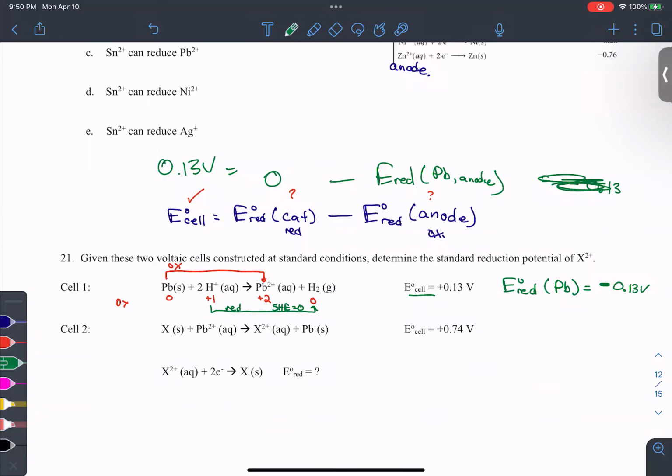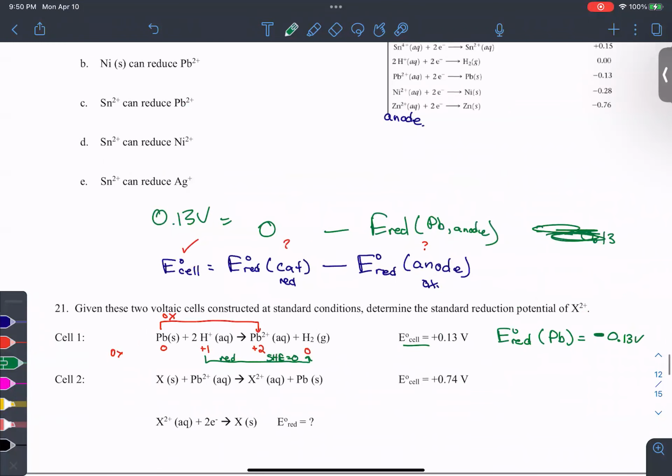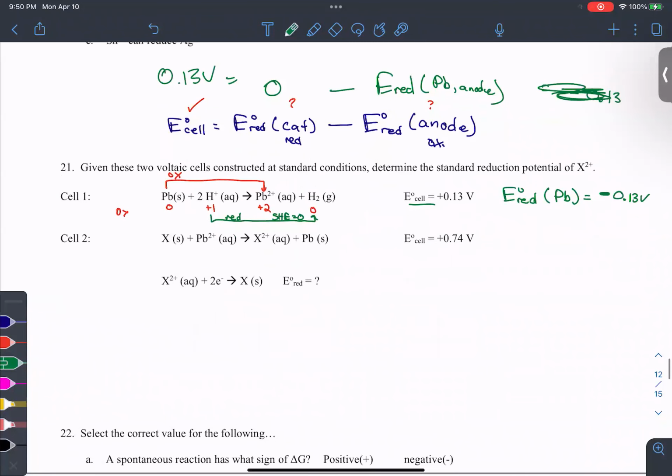I'm going to quickly scroll up to that table and see if we're right. Are we right? Yeah, thank goodness. Okay. It's the reduction potential. Even though lead is being oxidized here, because we did cathode minus anode, the reduction potential comes out.